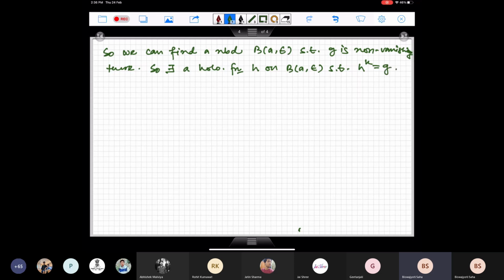Basically I am taking the kth root of g. This was in one of the problem sheet problems: if you have a non-vanishing function, then you can, for example, take a square root, cube root, and so forth. So here I am taking the kth root.